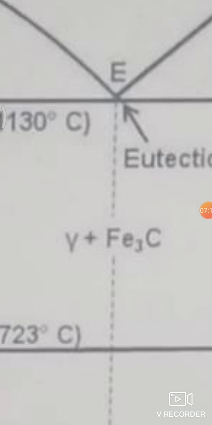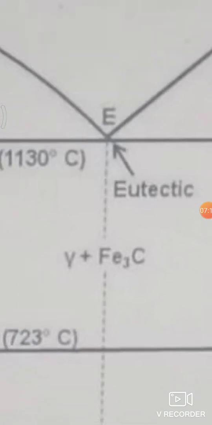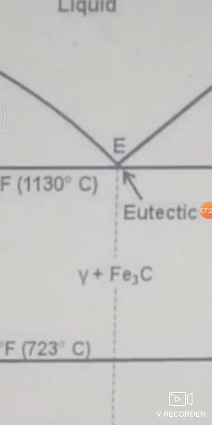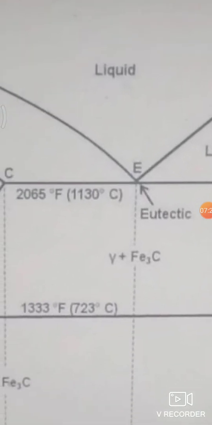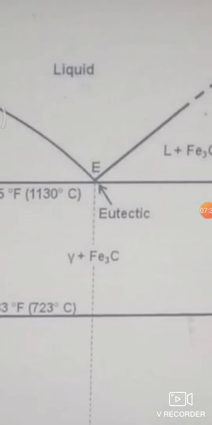So gamma austenite plus Fe3C means liquid phase is converted into two types of solids. That is because of this eutectic reaction at this higher temperature line of 1130 degrees Celsius. So this eutectic reaction converts the liquid phase into two types of solid, gamma austenite and cementite phase or Fe3C phase.